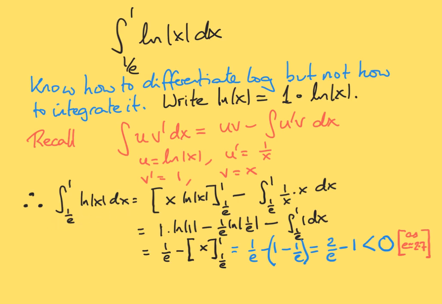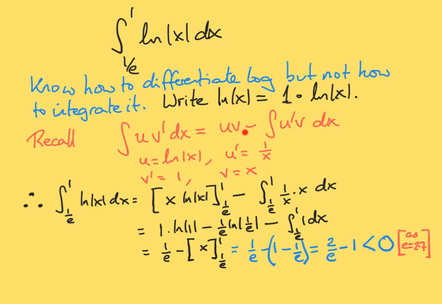So this is our integral, and we have, first of all, u times v, and everything is written here for us. So it's log of x times x, and I'm just putting them in what I think is a more helpful order, x times log of x. And this is evaluated between the lower limit and the upper limit.